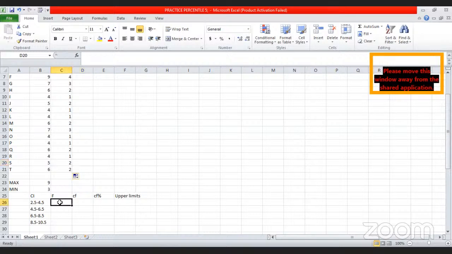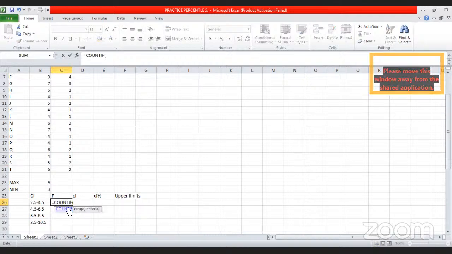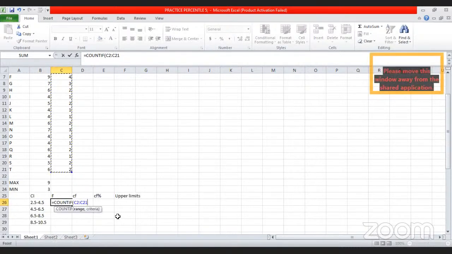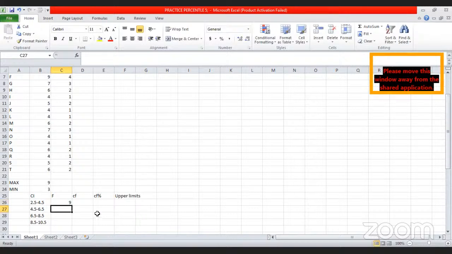So what I will do is equal to COUNTIF, the range is here to here, C2 to C21, comma 1. The criteria is 1 because I need how many 1s there are, bracket close, enter. So 9. That means there are 9 scores within the 2.5 to 4.5 range.